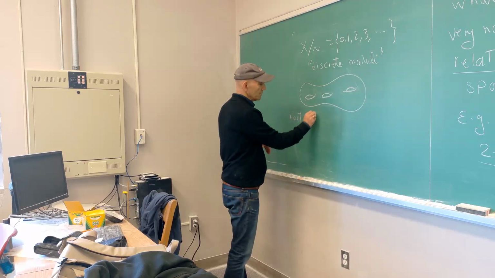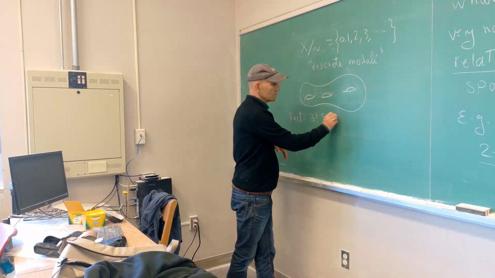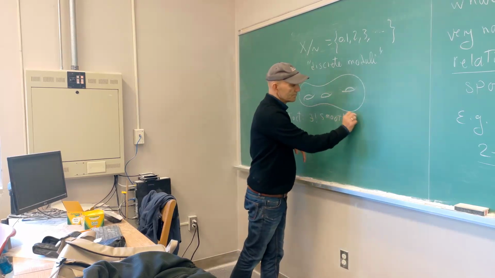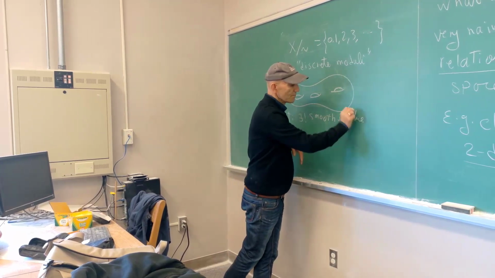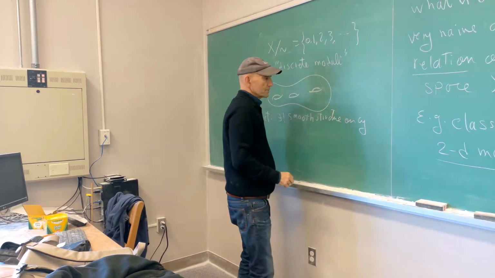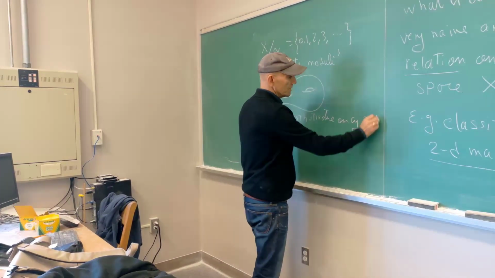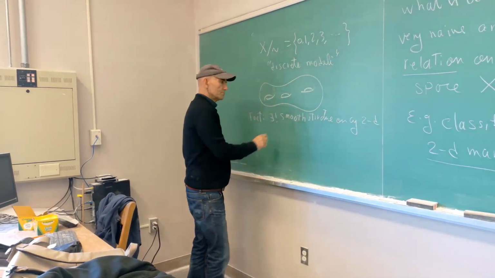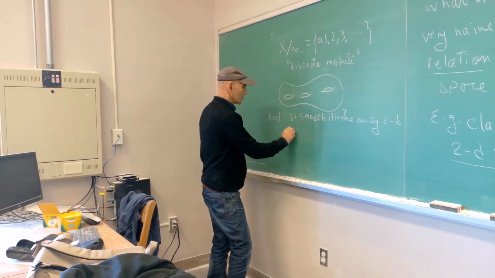So there exists a unique smooth structure on any 2D surface.